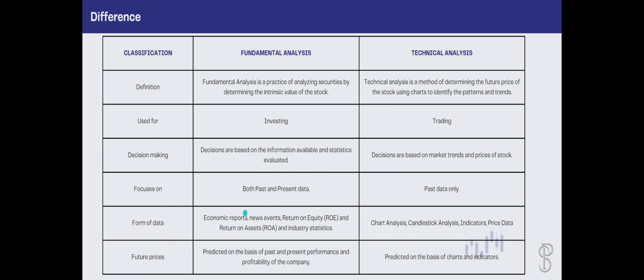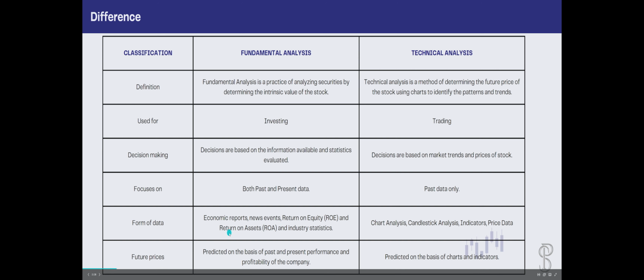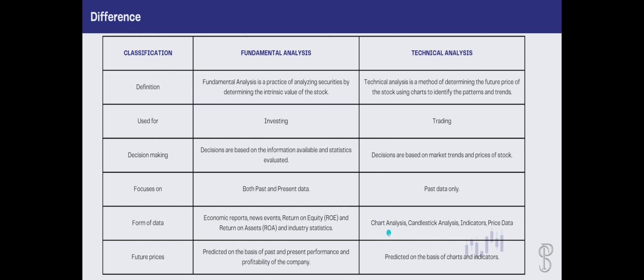Now, in terms of what is analyzed, in fundamental analysis you would look at economic reports, news events, returns on equity, also known as ROE, returns on assets, and industry statistics to guide you in making a good informed decision on your stock. In technical analysis, you're more reliant on chart analysis, candlestick patterns, trends, and indicators to predict what's going to happen in the future.